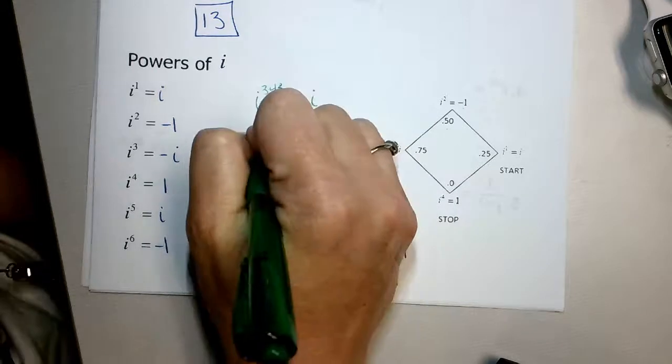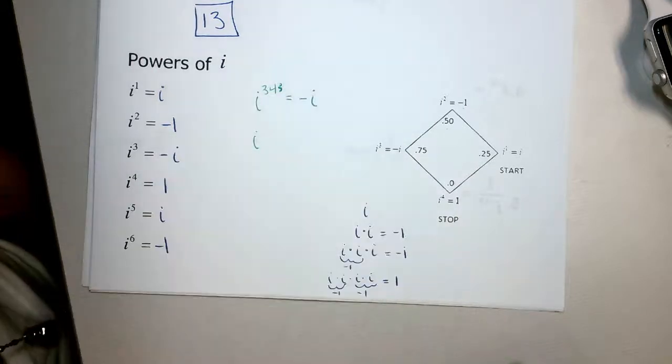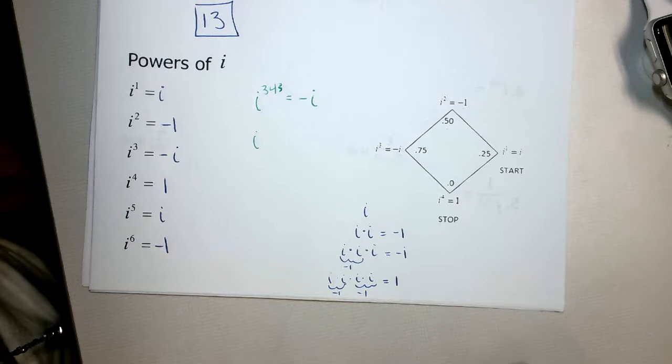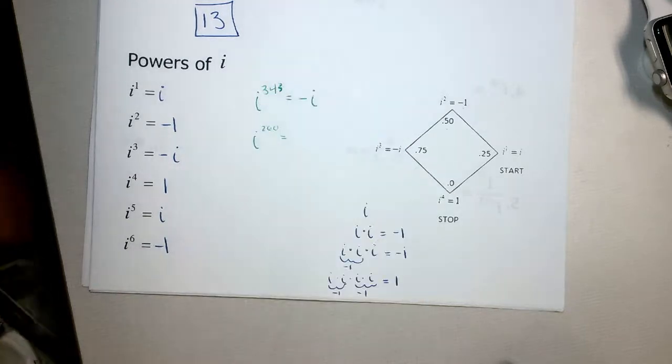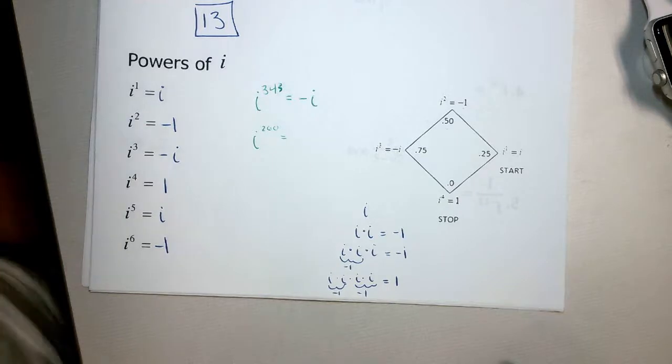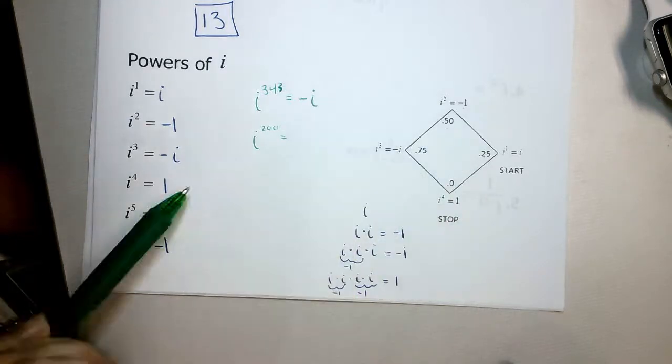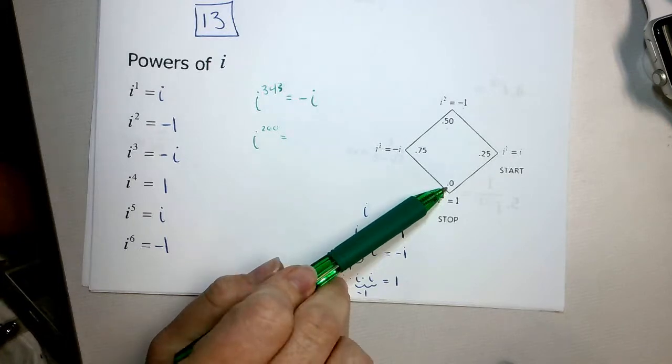I to the 260 power. What is 260 divided by 4? 60. It's a whole number, right? So if it's a whole number, what do you think it is? 0.0, so it's just 1.